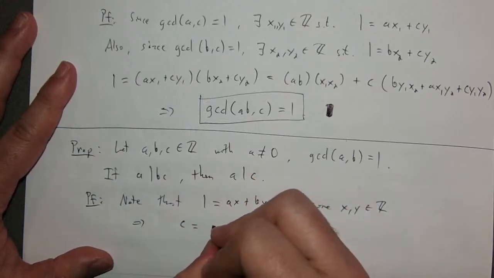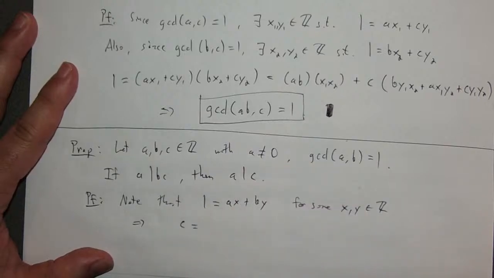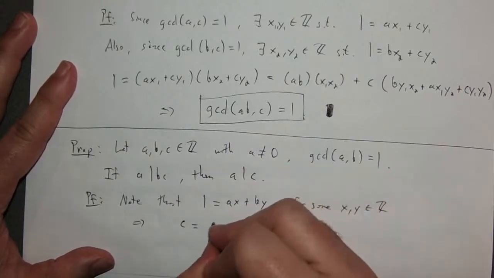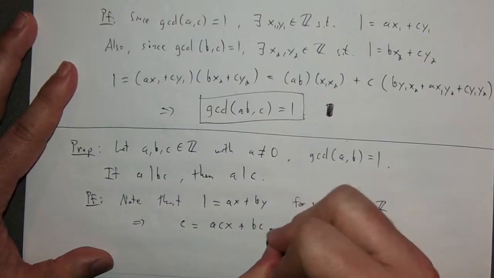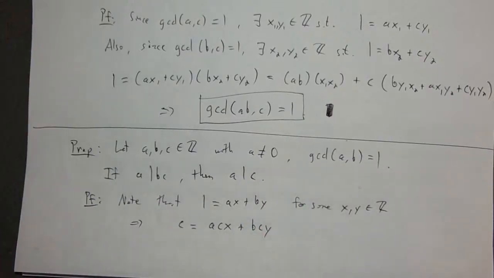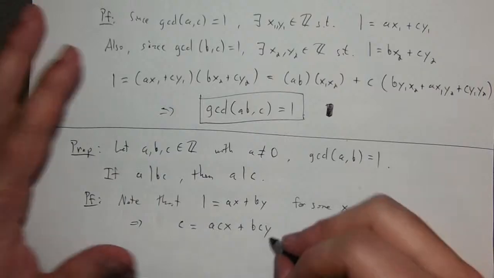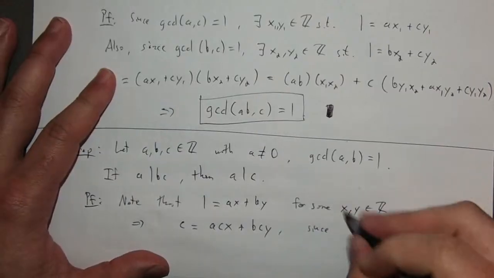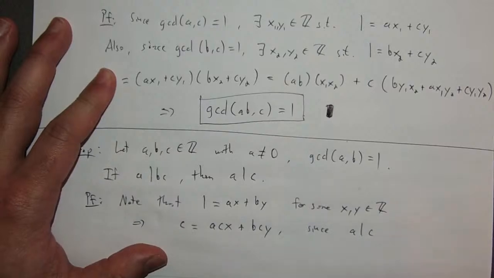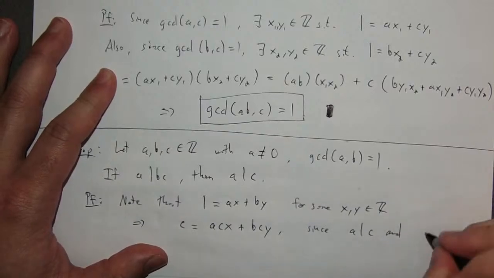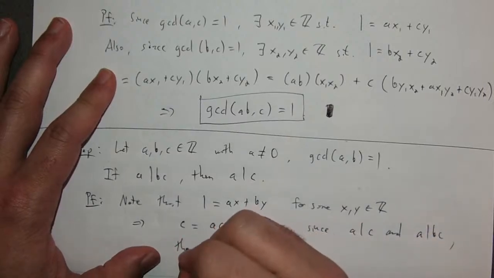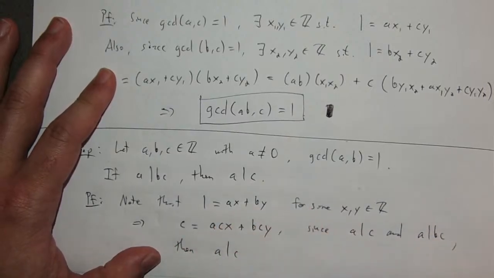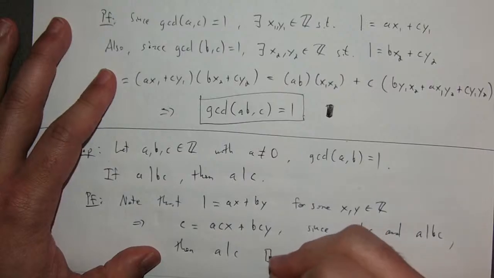So multiplying both by C, what do I get? I get ACx plus BCy. Well, since A divides ACx and A divides BCy, then A divides C. Oh, but that's what I wanted to show.